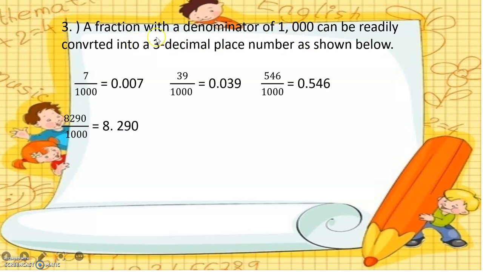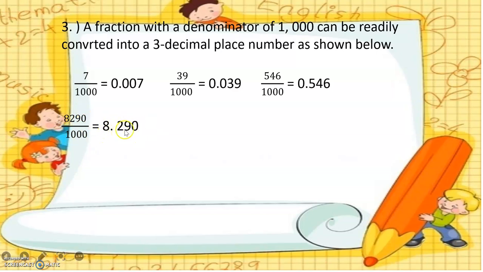Remember, 1000 has 3 decimal places. 7 over 1000 equals 0.007. 39 over 1000 is 0.039, 1, 2, 3. 546 over 1000 equals 0.546. 8,290 over 1000 equals 8.290.